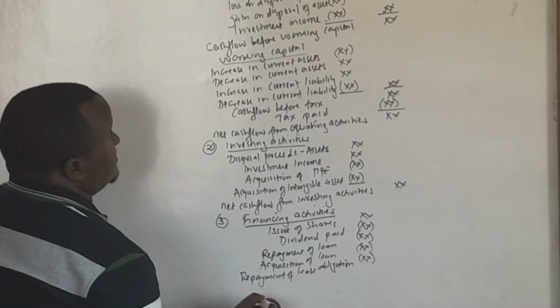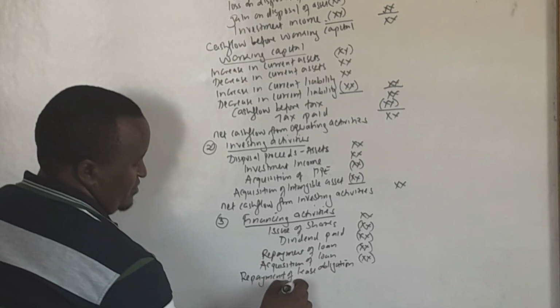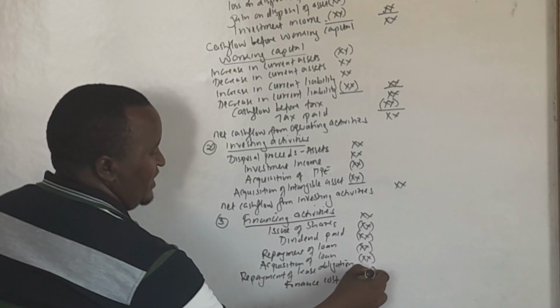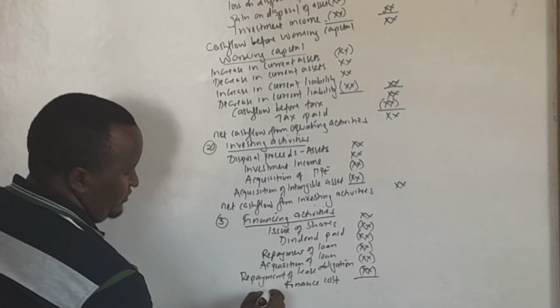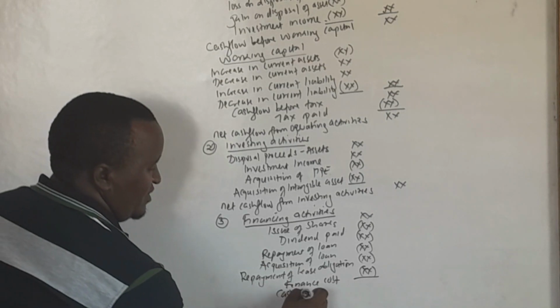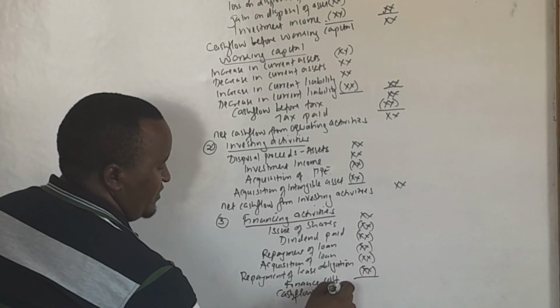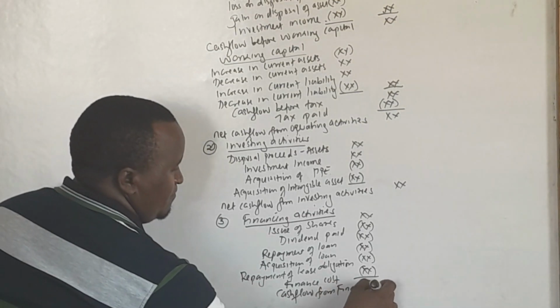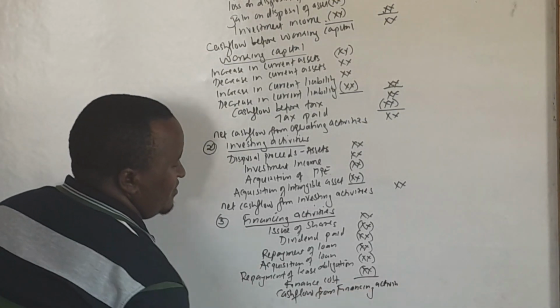We have the finance cost. This is interest. Then the cash flow from financing activities.